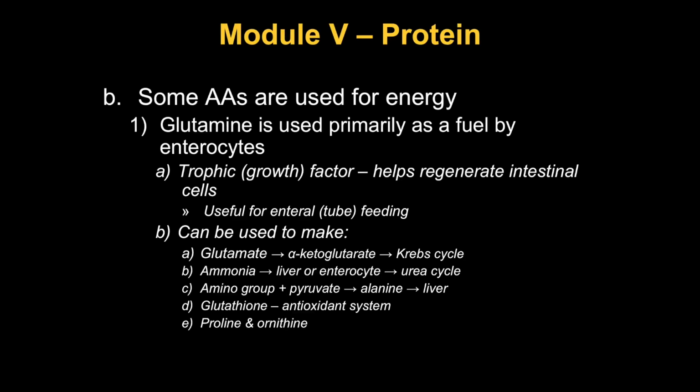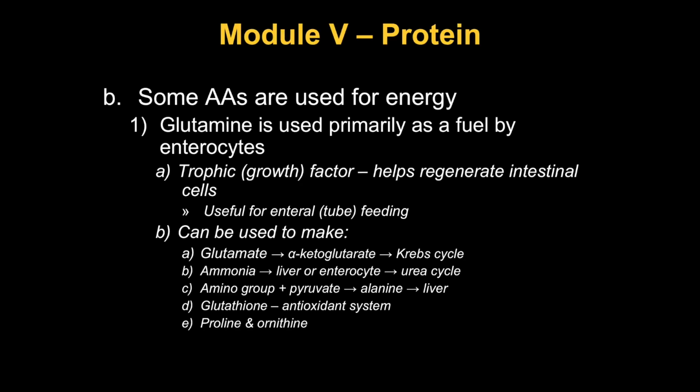We can also take an amino group and add pyruvate to that, and that will produce alanine, which then gets sent to the liver and can participate in what we call the glucose-alanine cycle, which we'll cover a little bit later on. But the point there is that we can make some glucose out of it.